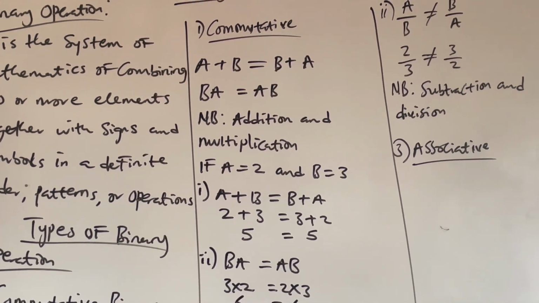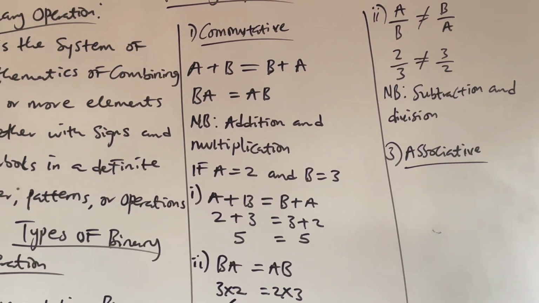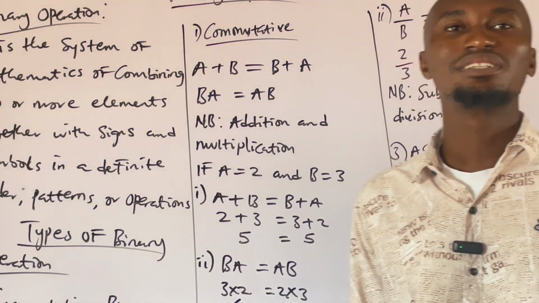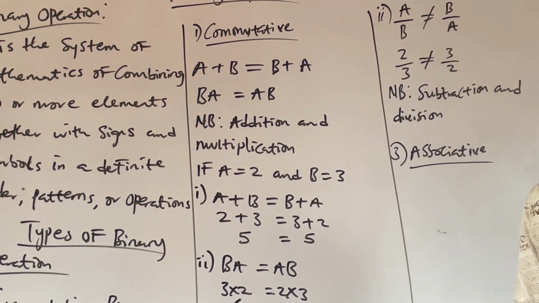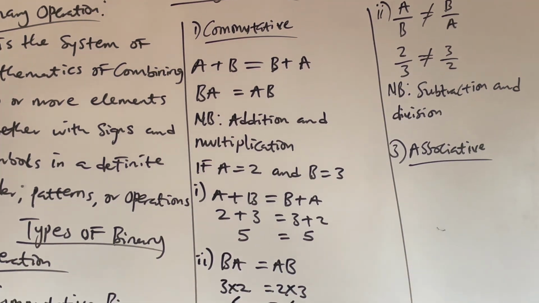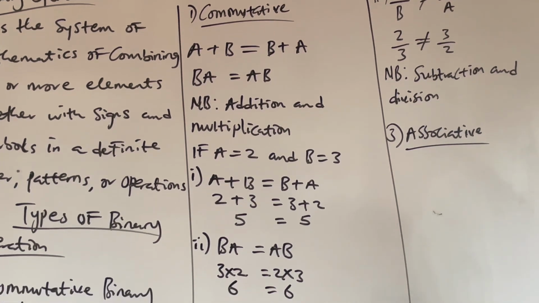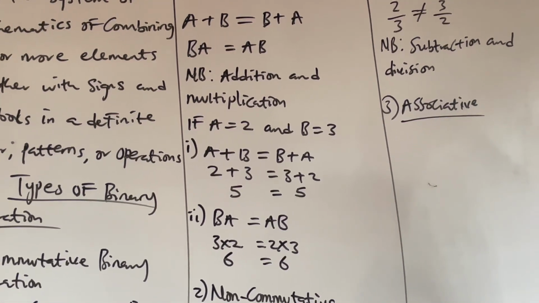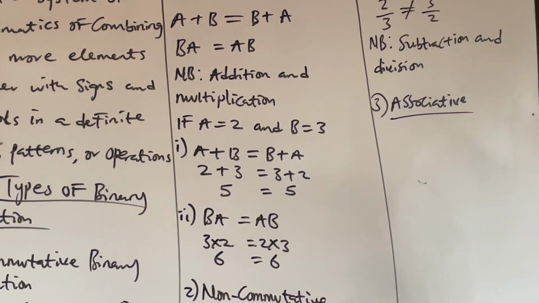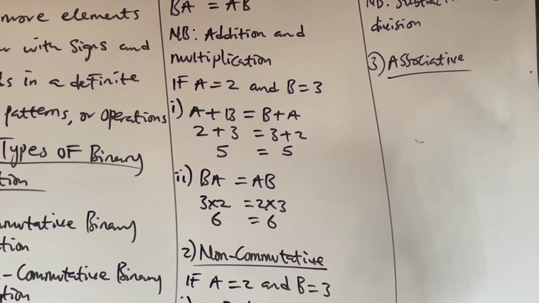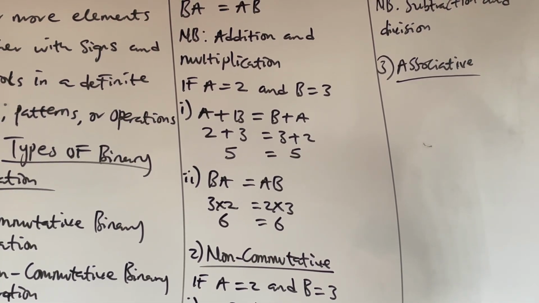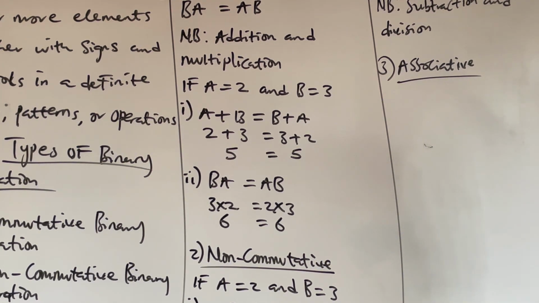When we talk about associative, it is used when there is a relationship of combining two or more elements and you obtain the same result.